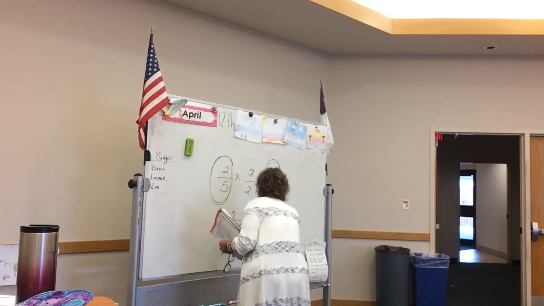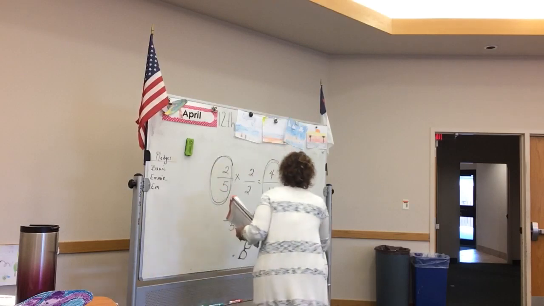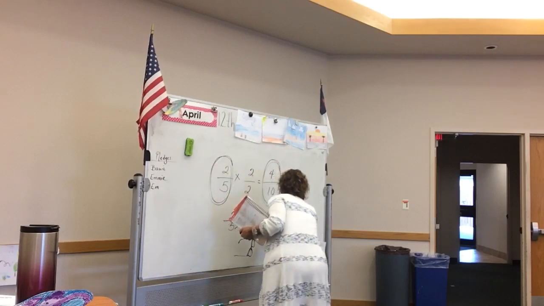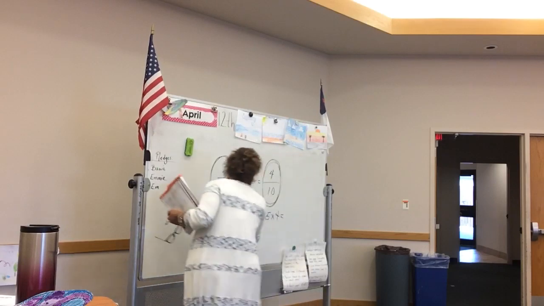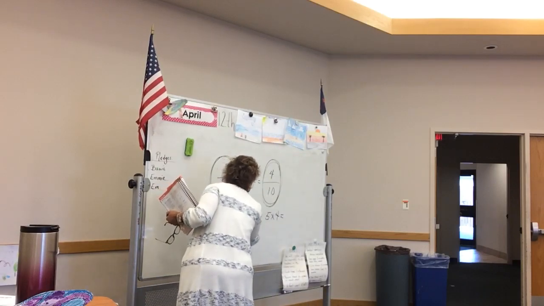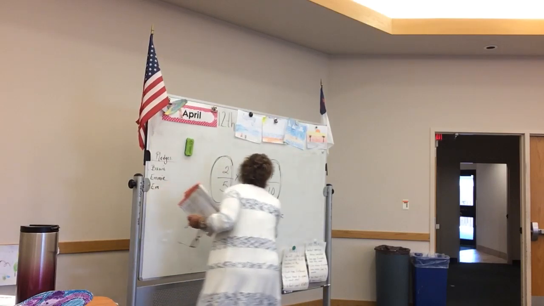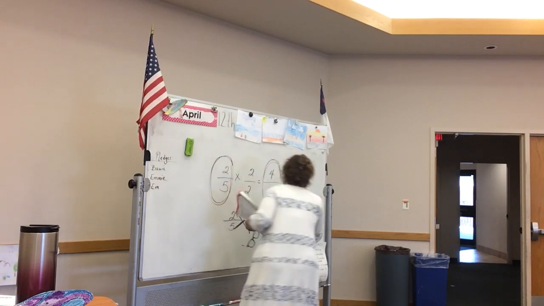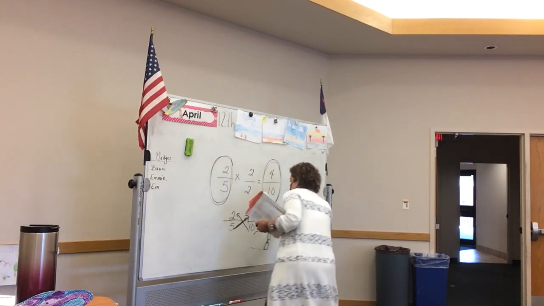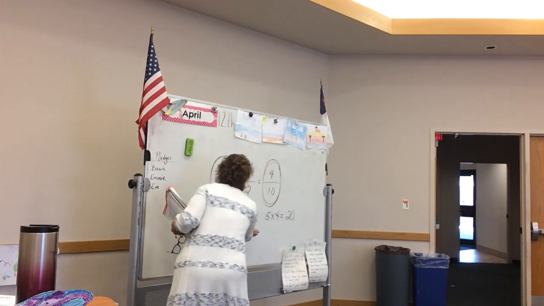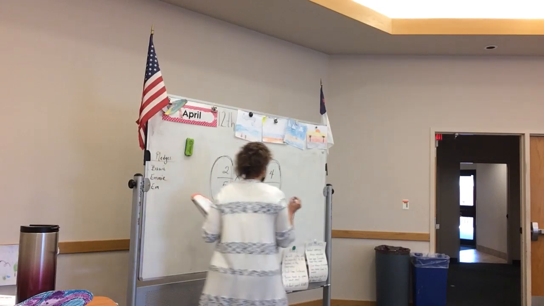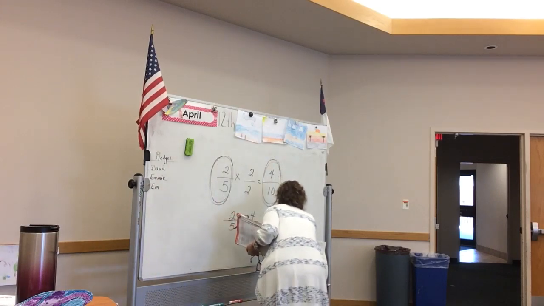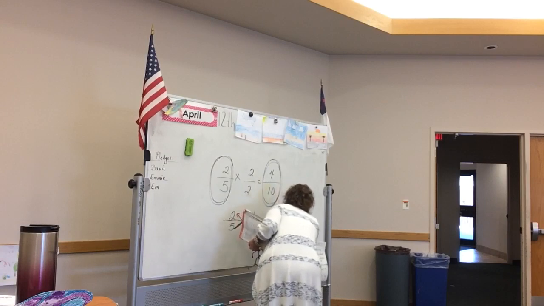What is 5 times 4? 20. Remember, we're cross multiplying. 5 times 4 is what? 20. What is 2 times 10? Are they equal? Are they equivalent? They are.